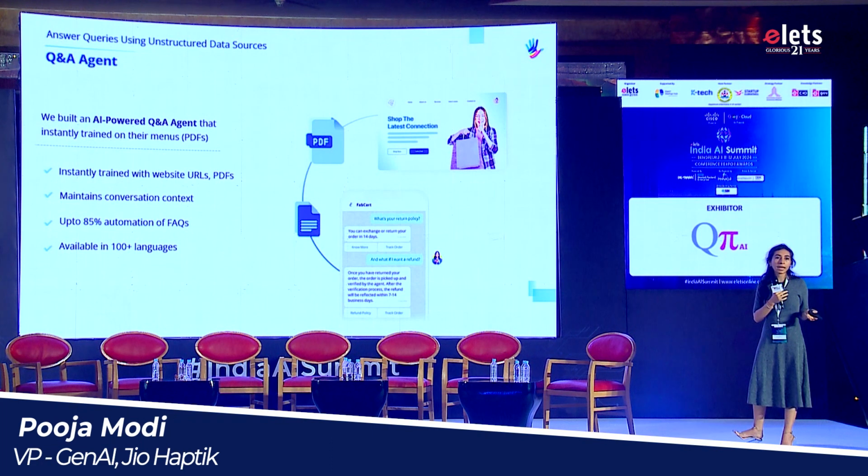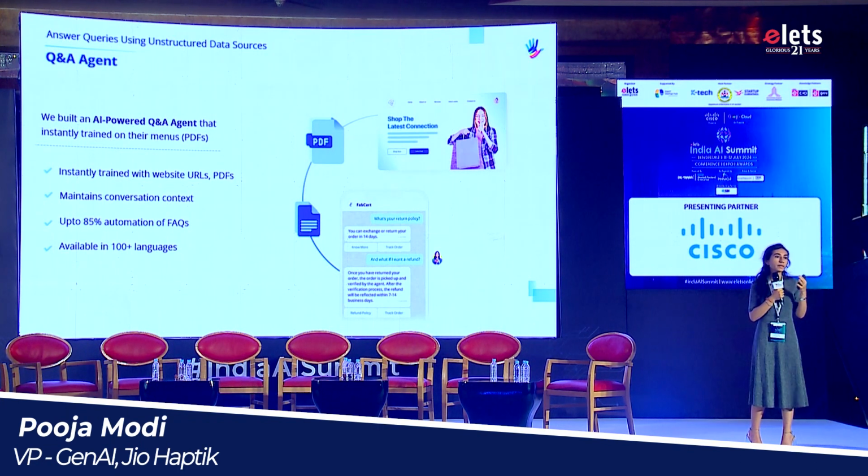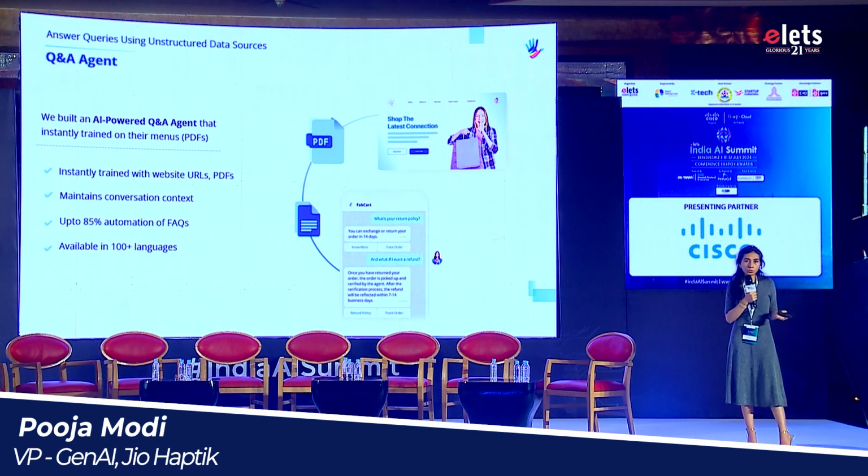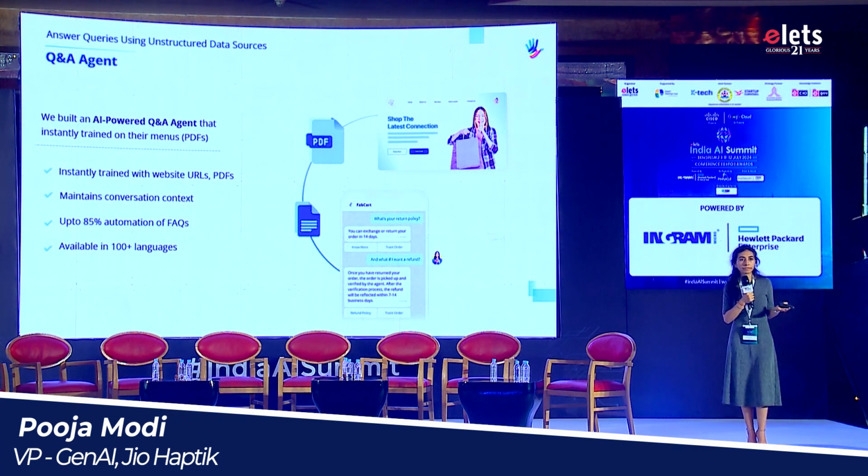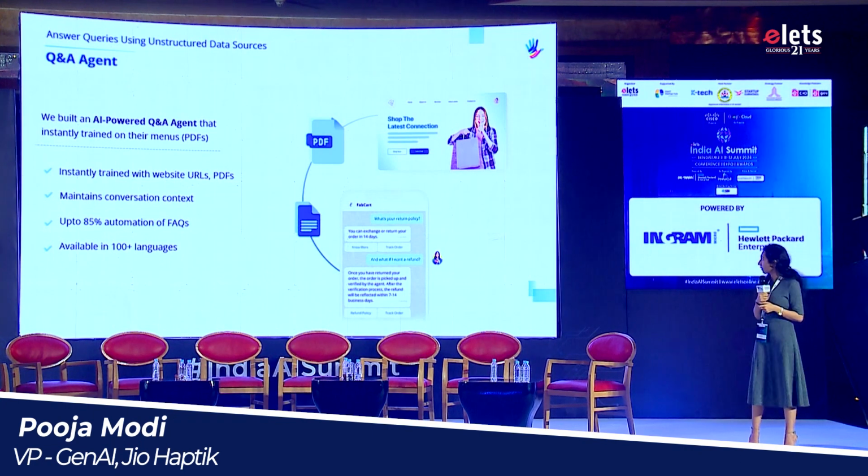So if you're a brand that has a bunch of your plans and offerings, subscription plans on your website, we can consume your website and just create a chat interface where users can come and start asking, tell us what your product offerings are, what do you all do, what do you all stand for. I'm sure most brands today have a website where these answers are there, so with very minimal effort we can start getting this done for you. So that's just a Q&A agent.